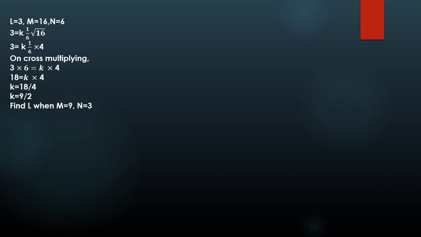Cool. So let's move on to finding our other value. Find L when M equals 9 and N equals 3. Okay, so from my equation again, no time to waste, L equals 9 over 2 times the square root of 9, because our new M is 9, and then our new N is 3.